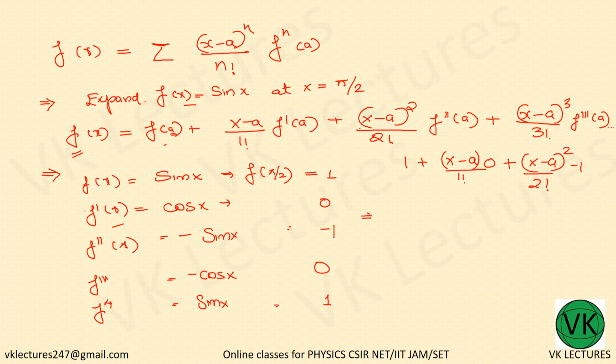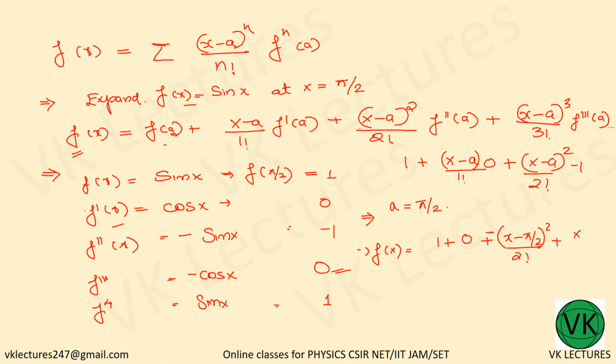Now one thing that you need to write again is a is equal to pi by 2. So the function f of x will become 1 plus this term is 0, plus x minus pi by 2 whole square by 2 factorial with a minus sign, okay, plus again that will be the 0 term.